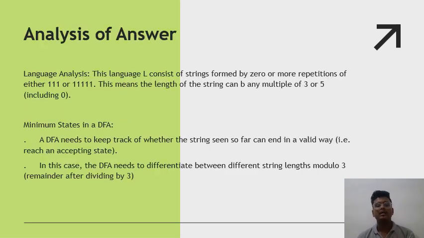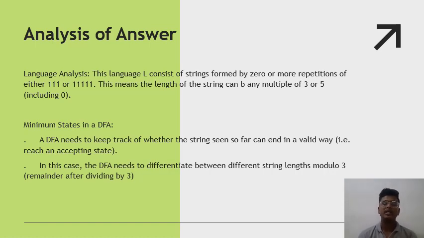When analyzing this language, L consists of strings formed by zero or more repetitions of either triple one, 111, or five ones, 11111. This means that the length of the string can be any multiple of 3 or 5, including 0.